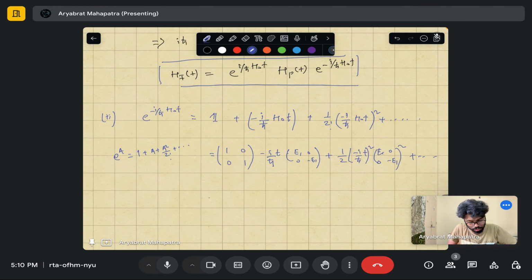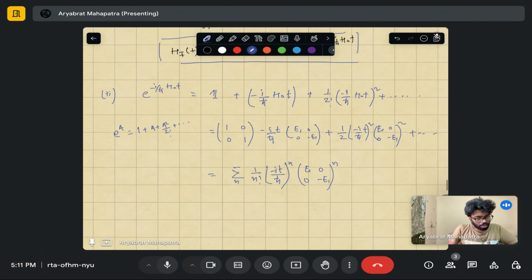That means I can write it as the sum over n of 1 by n factorial, minus i t over h bar to the power n, times the matrix e1, 0, 0, minus e1 to the power n.